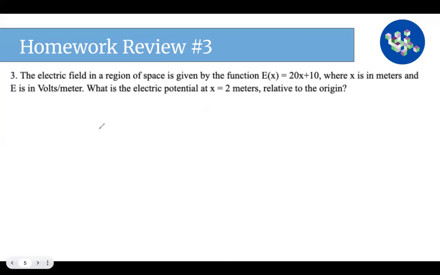This is just a simple application of the formula for potential. If I let infinity be the place where potential is zero, then it's the negative integral from infinity to x of E dot ds. So 20x plus 10 dx.